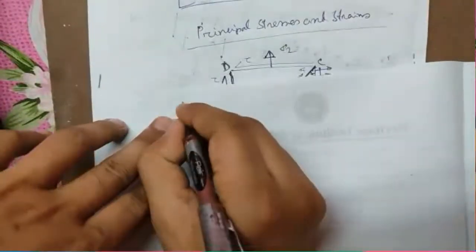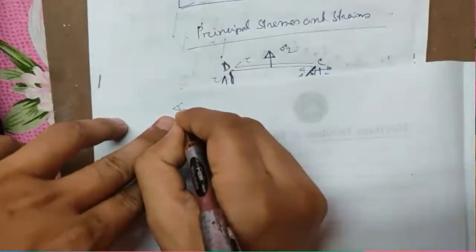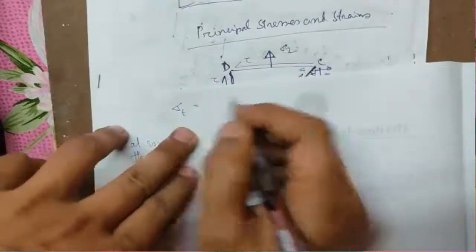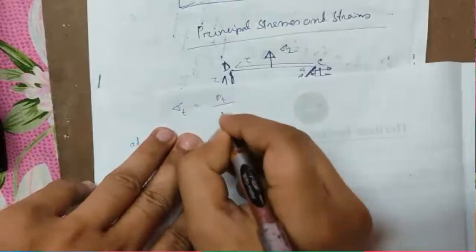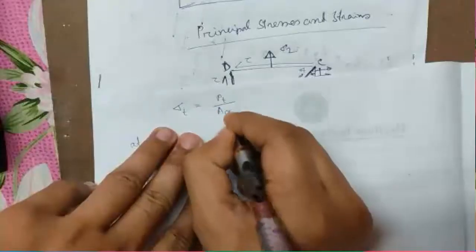So we will write that the tangential stress sigma t along the plane CF is equal to Pt by area of CF.